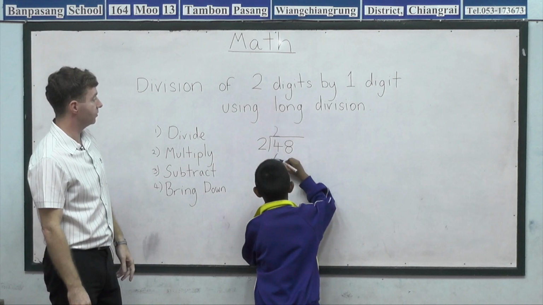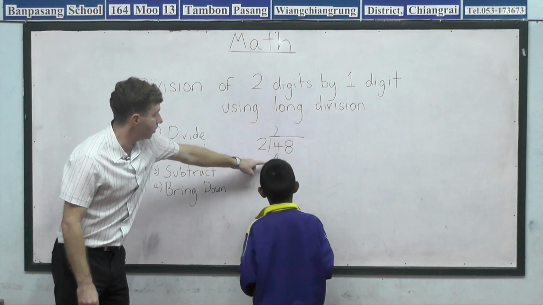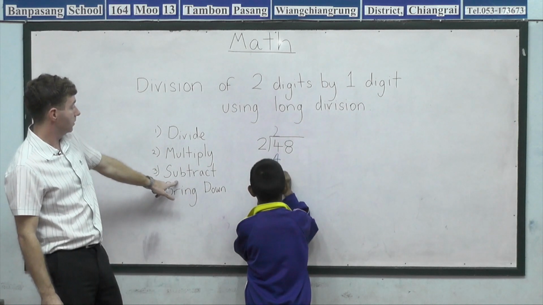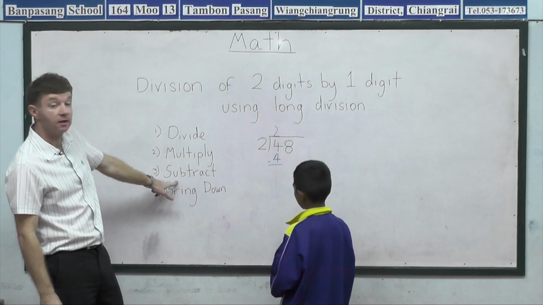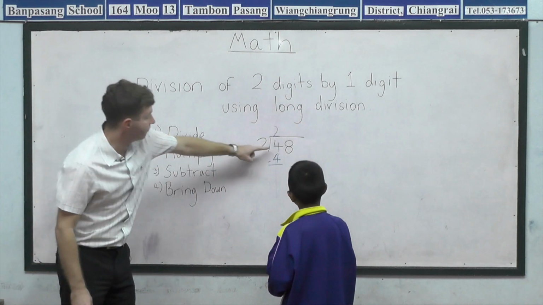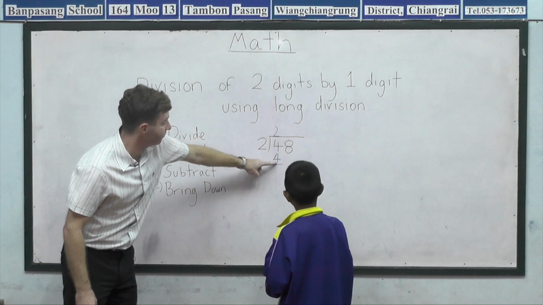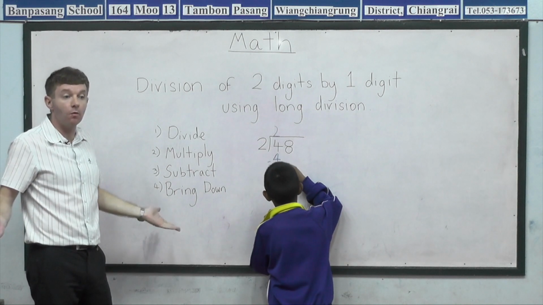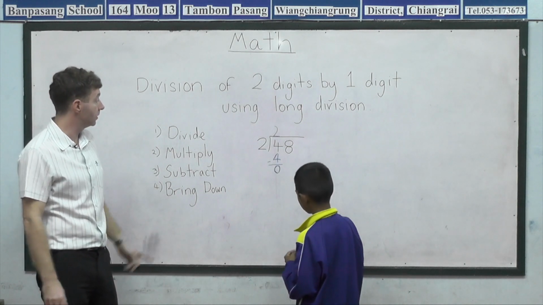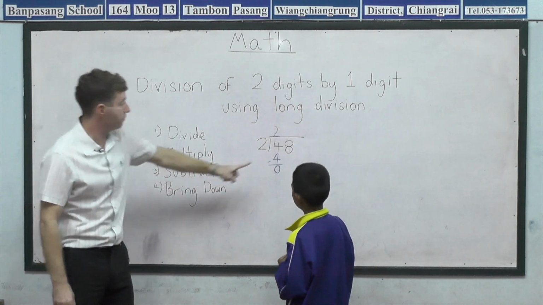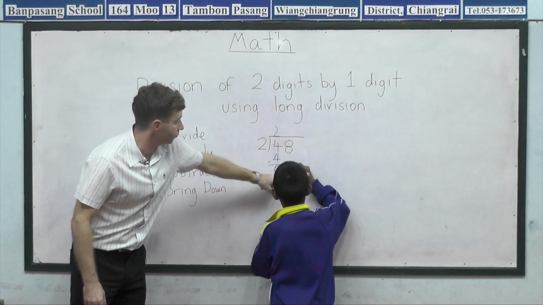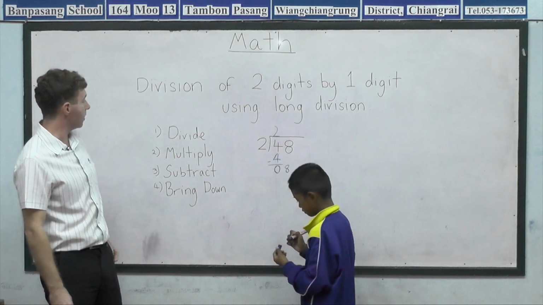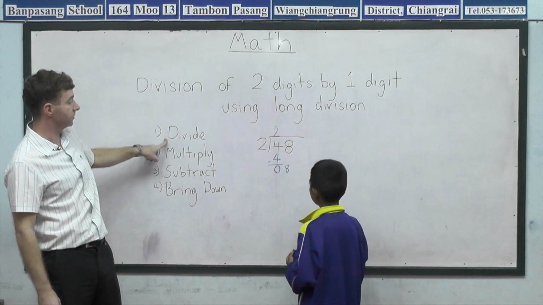So we write 4 there. And you can even draw a little minus sign so we know what we need to do. Step number 3, subtract. 4 minus 4 equals 0. So we know we're at the end of that equation. Step number 4, bring down this 8 to here. Excellent, Pat. So now we'll repeat the sequence.